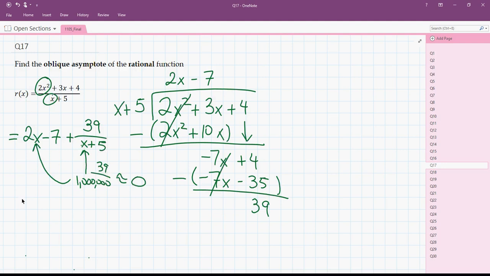So we see in the long term, this function kind of behaves like 2x minus 7 for very large values of x. So that would be our oblique asymptote, the value that this function approaches as you go left or right, far away from the origin. And the only way to calculate that is to actually do polynomial division and find what terms are left over fractionally that you can eliminate in the long term.